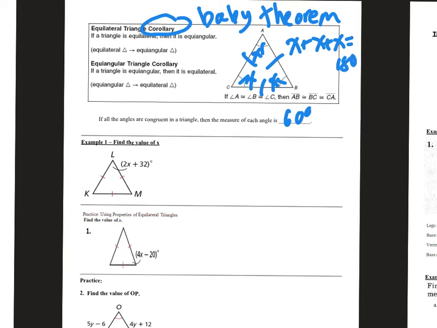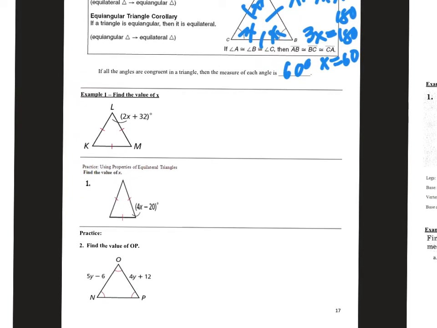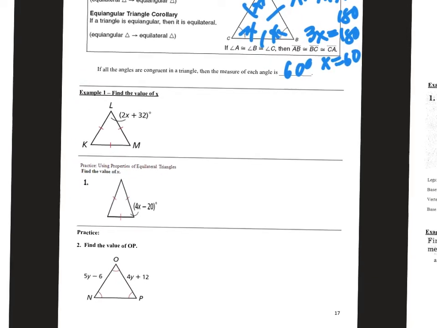And then if I were to solve for x, I could combine my like terms to get 3x equals 180. Solve for x by dividing both sides by 3 and get x equals 60. So that's how I can derive that in an equiangular or equilateral triangle, all three angle measures are going to equal 60 degrees. Okay, let's work through some examples where we're actually working with our equilateral or equiangular triangles.